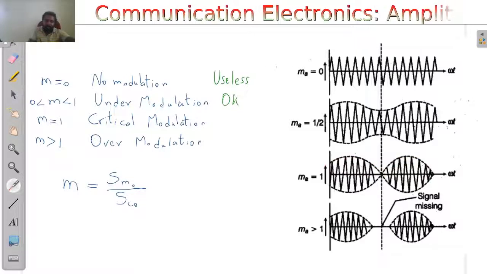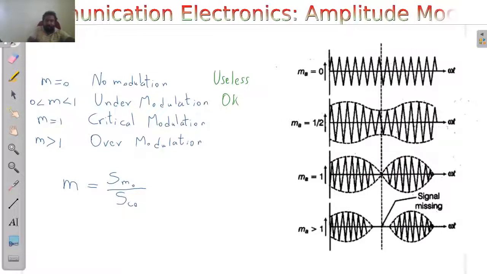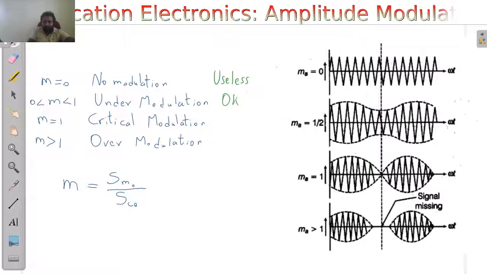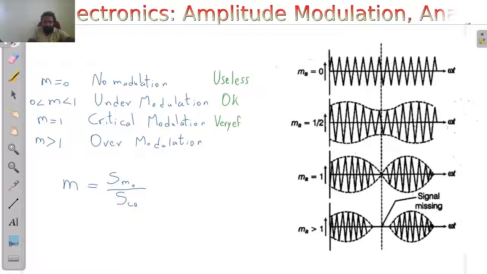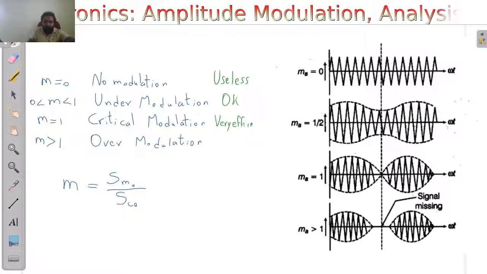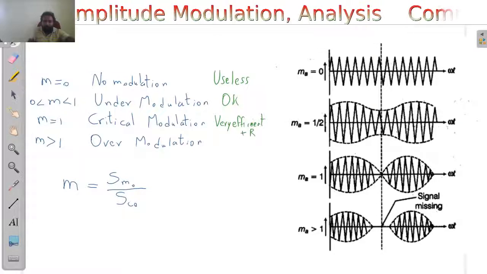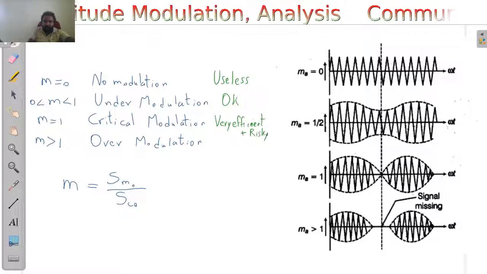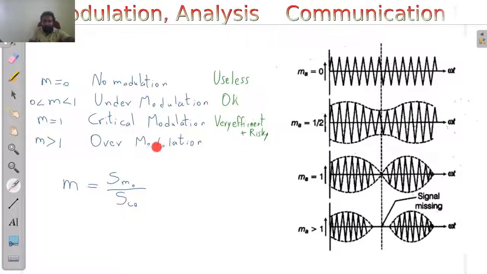So actually critical modulation is the best modulation scheme, but it is very risky. It is very efficient, but risky. Why risky? Because it can go to over modulation conditions also.